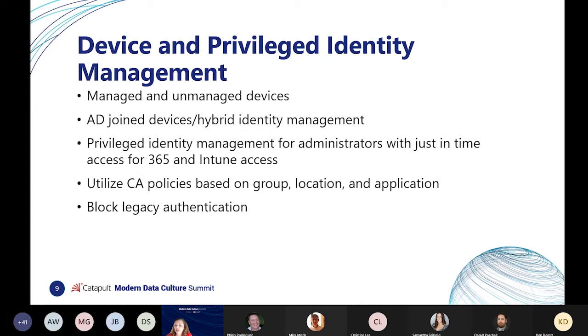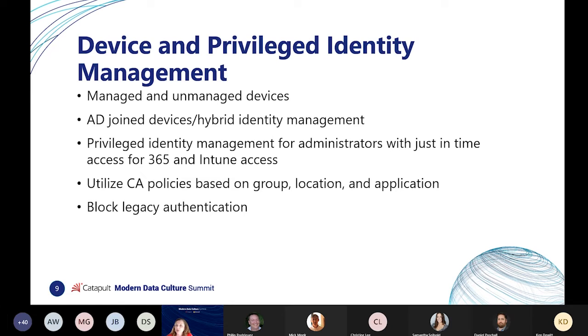So we also want to think in terms of device and privileged identity management. Again, we talked about this earlier, but in addition to identity frequently being a point of attack, so are devices. Every organization is going to have to define what makes the most sense for their environment and how things should be architected and deployed.